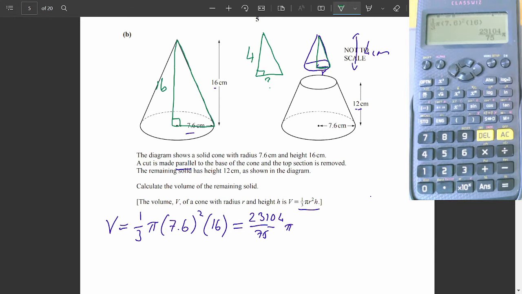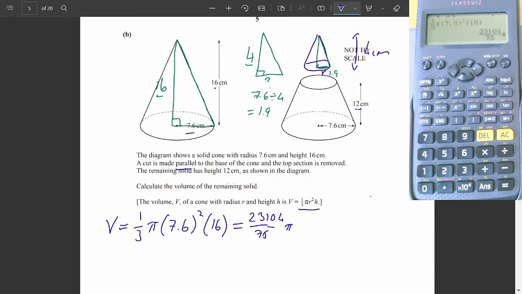Now it's very clear to see that this similar triangle is exactly 1/4 of the original. 16 divided by 4 gives us 4. That means to get the base or the radius of this triangle here, we need to do 7.6 divided by 4, and that will give us 1.9. And now we got the radius, 1.9.